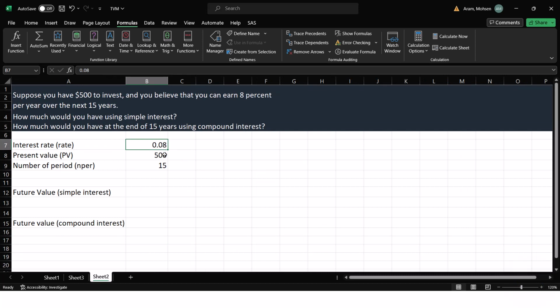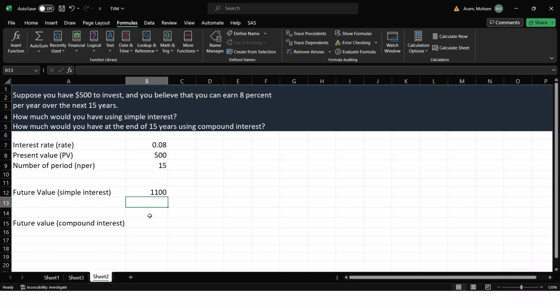8% is the interest rate, 500 is the present value, and the number of periods is 15. So we can do simple interest, which is the original amount, the 500, plus 500 times the rate times the number of periods.